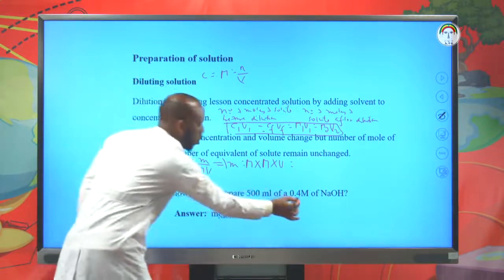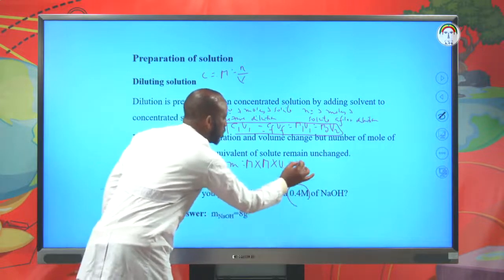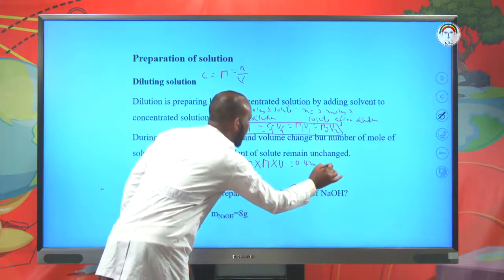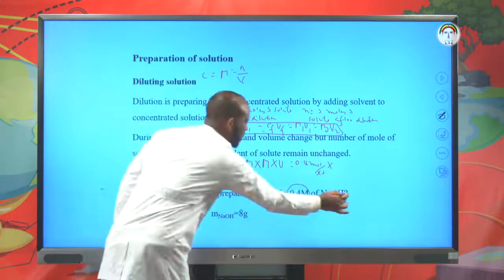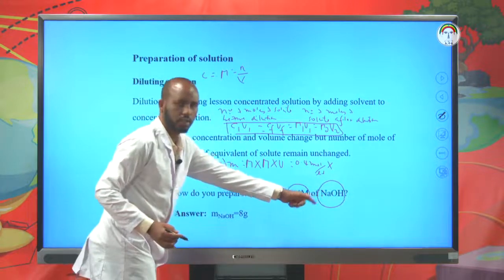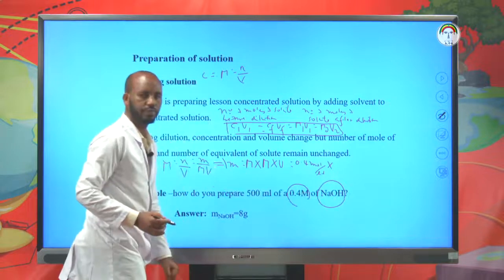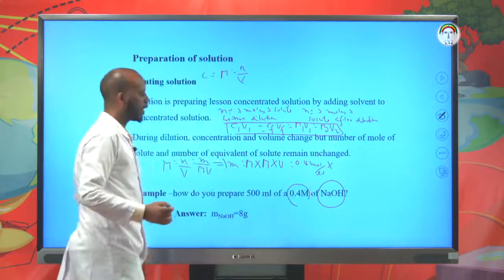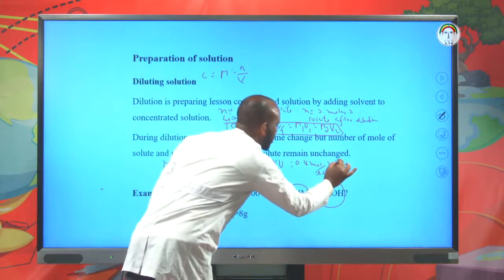Molarity of the solution is 0.4 mole per liter, times molar mass of sodium hydroxide. Sodium, its atomic mass is 23. Hydroxide, oxygen 16, hydrogen 1, total 40 gram per mole.